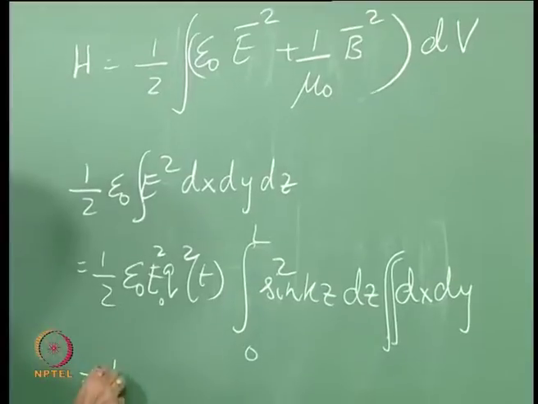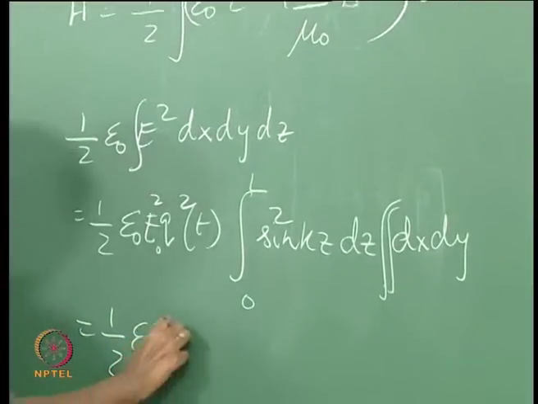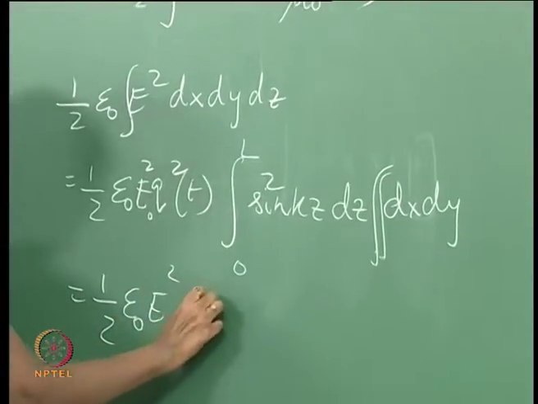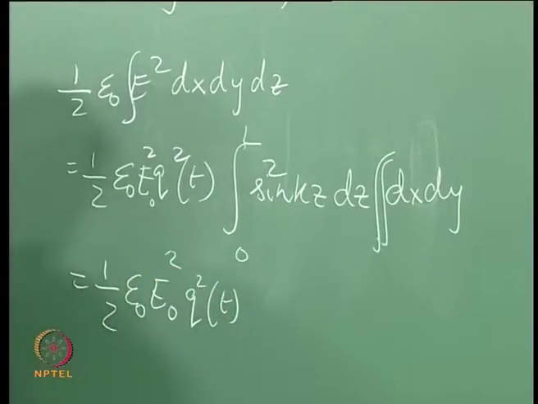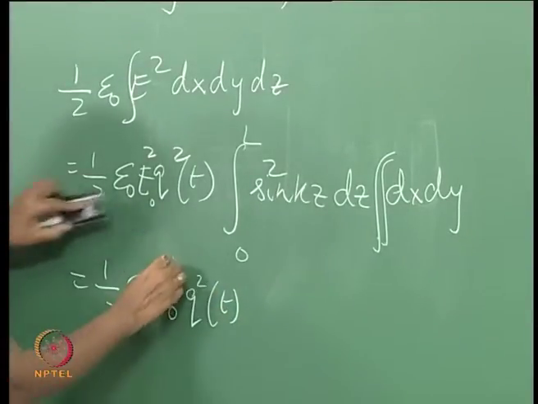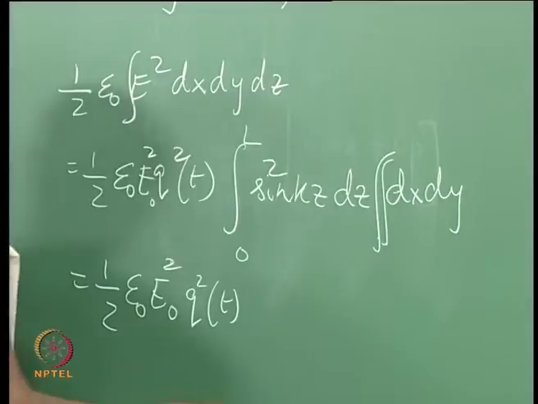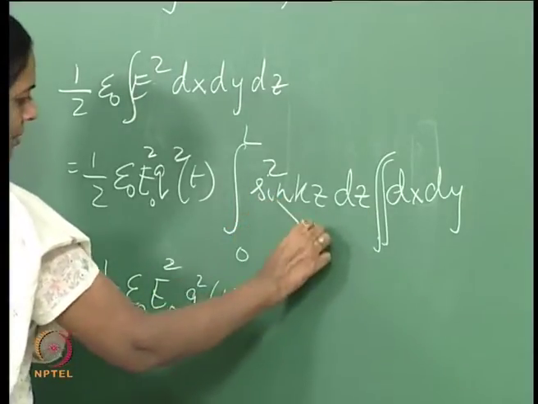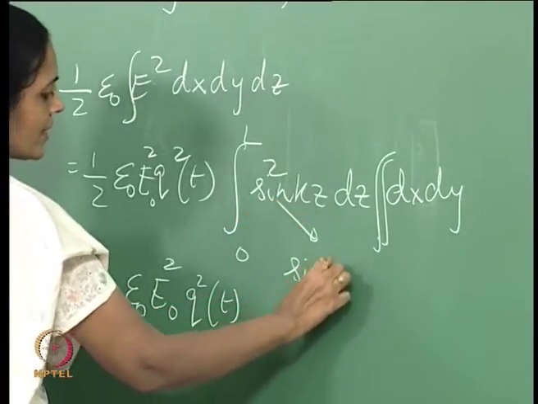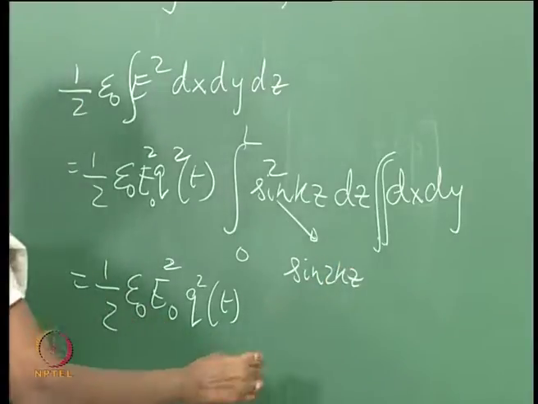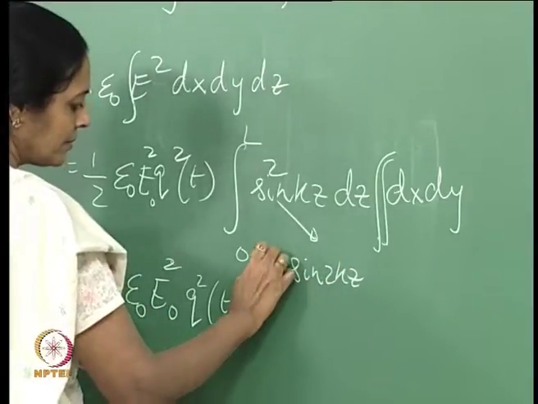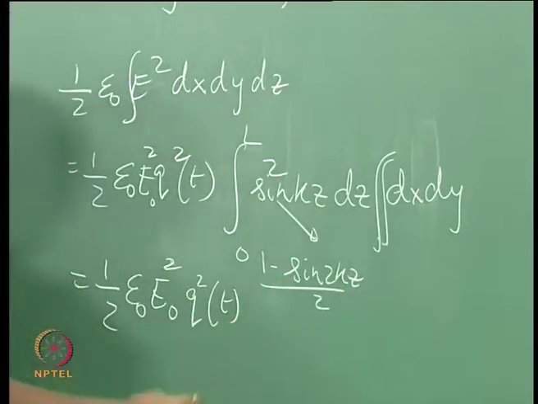It's pretty clear that this object can be written in terms of sine 2 kz and 1 that pulls out a half.